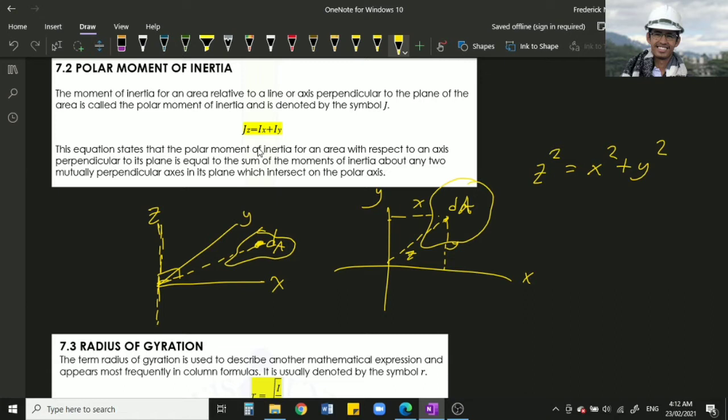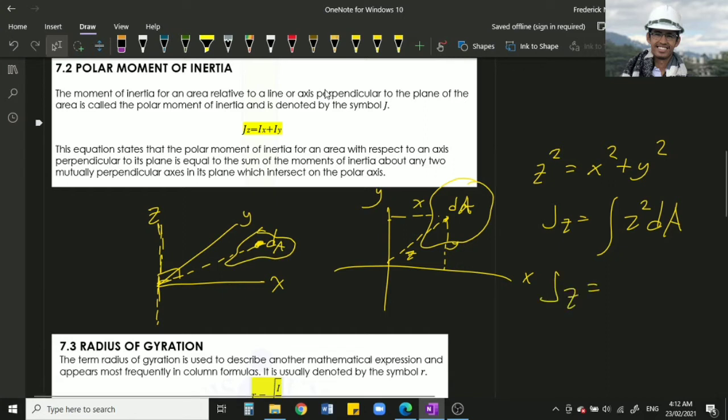And yung Jz natin, kaya nakuha yung Ix plus Iy. Jz natin is equal to the integral of z squared times the differential area natin. So Jz is equal to the integral of, substitute lang natin, x squared plus y squared dA.